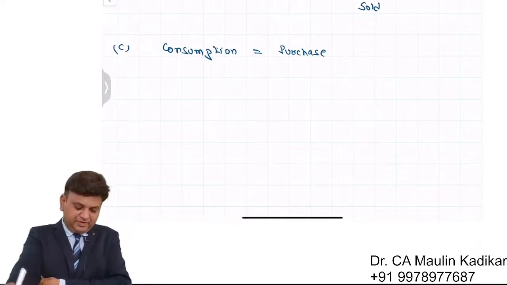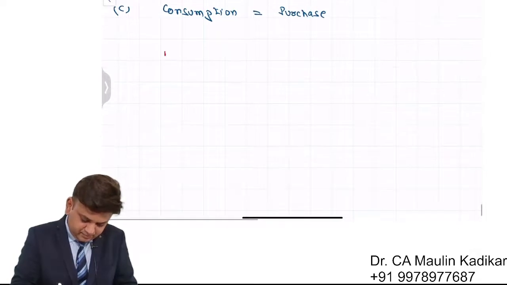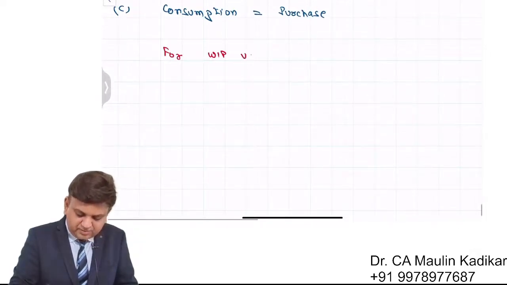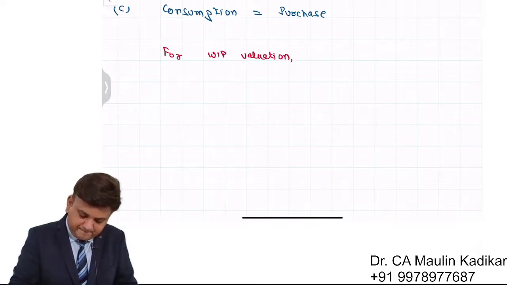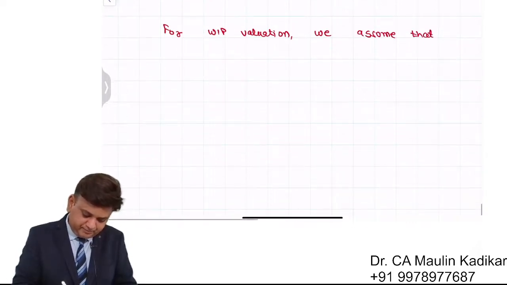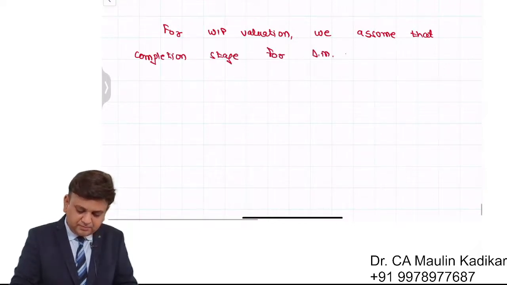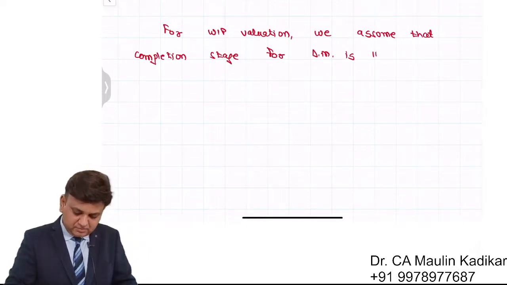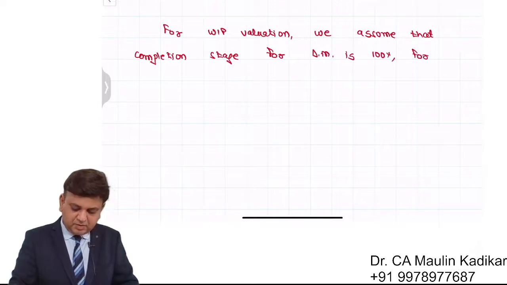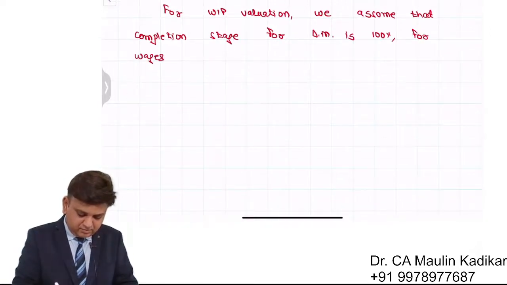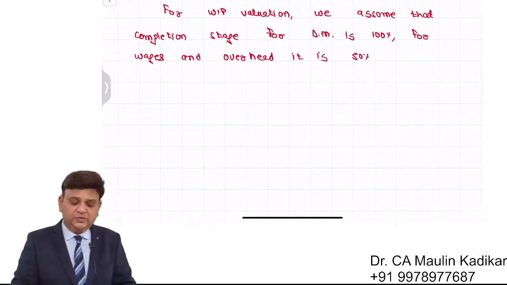Write a small note for the WIP valuation. For WIP valuation, we assume that the completion stage for direct material is 100%, for wages and overhead it is 50%.